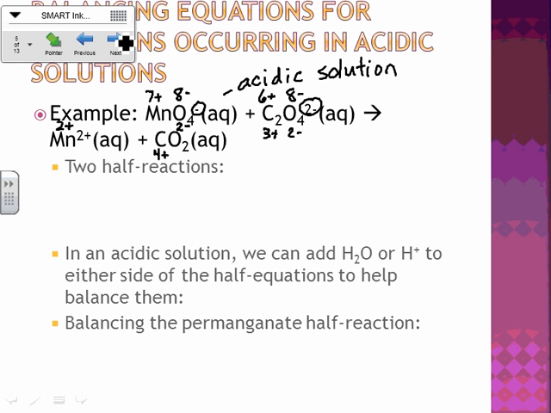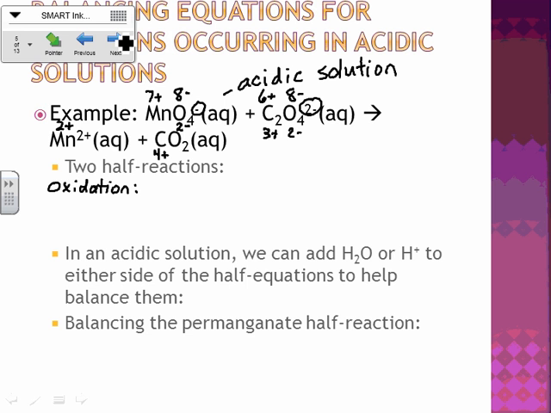And again, I'll label it this time. You don't have to label these as oxidation or reduction. You're going to be able to see it eventually anyway. But for right now, which one is our oxidation half reaction? Or another way to say that, what is being oxidized here? The carbon is being oxidized.